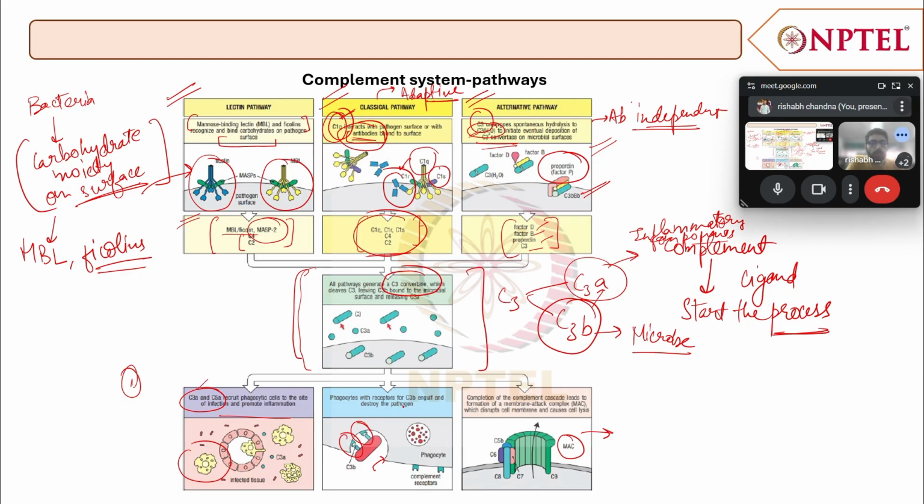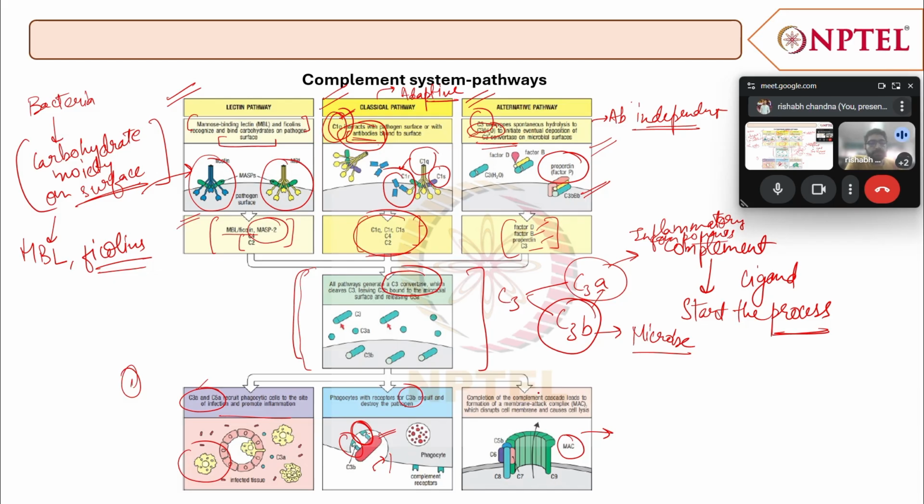The second is opsonization. Phagocytes with receptors for C3b engulf and destroy the pathogen. C3b, as we saw here, was attached to the surface of the microbe itself, and that acted as an opsonin. Those opsonins help in opsonization of the microbe.